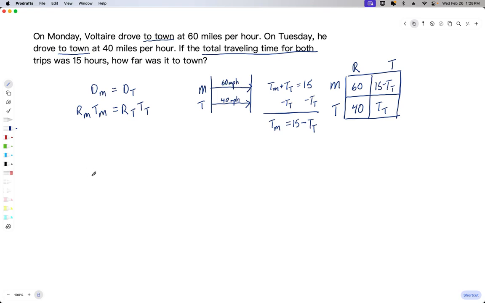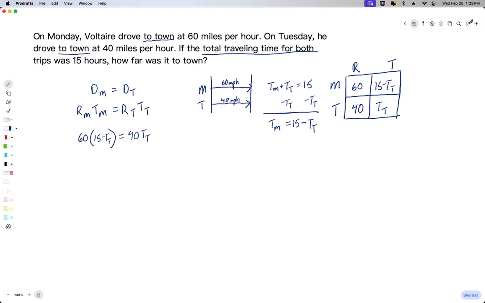So what we're going to do is I'm going to put in for the rate on Monday, 60. The time on Monday is 15 minus the time on Tuesday. The rate on Tuesday was 40. And we still don't know what the time on Tuesday was. Now I can solve it, though, for the time on Tuesday. 60 times 15.